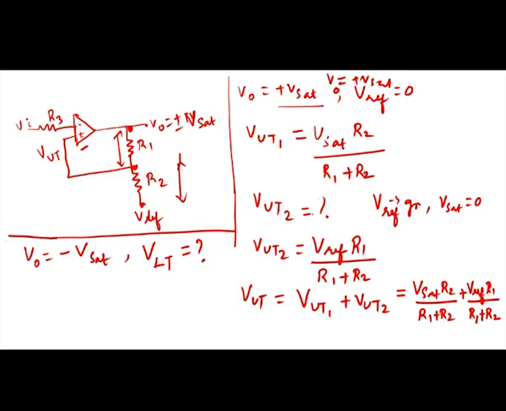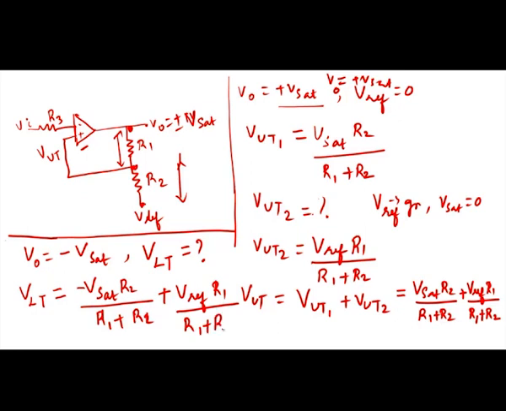So, the only difference is that V saturation is now minus V saturation, other terms are one and the same. So, straight away I am writing VLT is equal to minus V saturation into R2 divided by R1 plus R2 plus V reference into R1 divided by R1 plus R2.